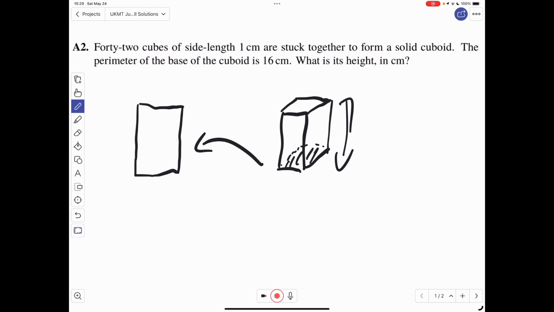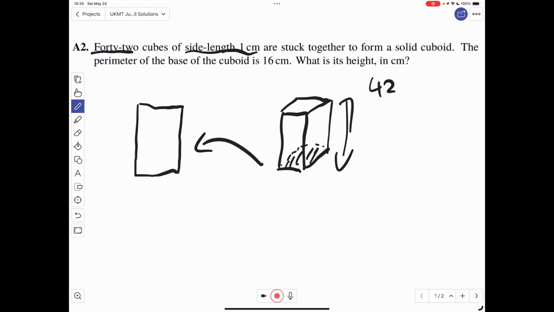Now to work out this problem, we have to think of ways that we could form a volume of 42, right? Because we have 42 of the side length 1 cm cubes. So for a perimeter of a base with 16 cm, we could try out some different values.